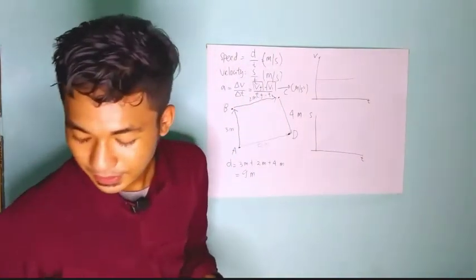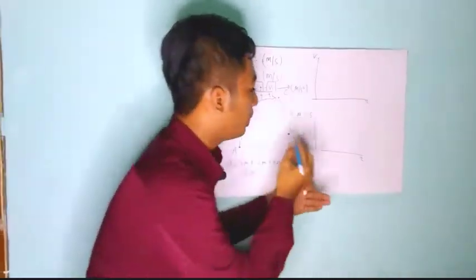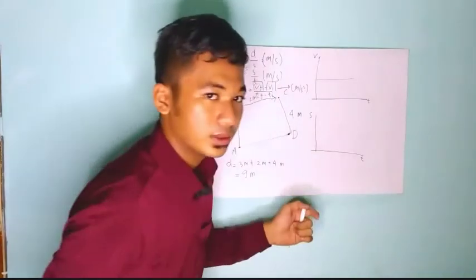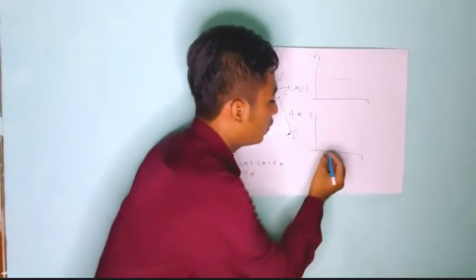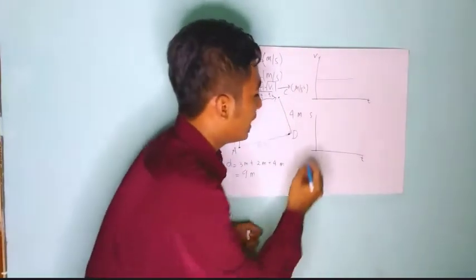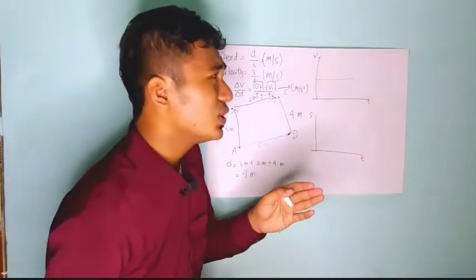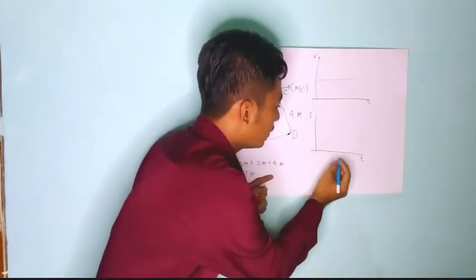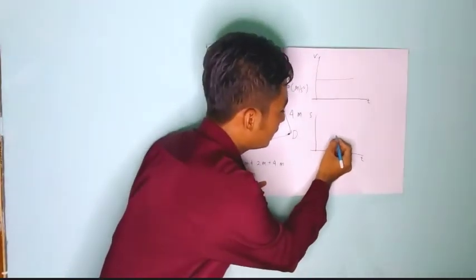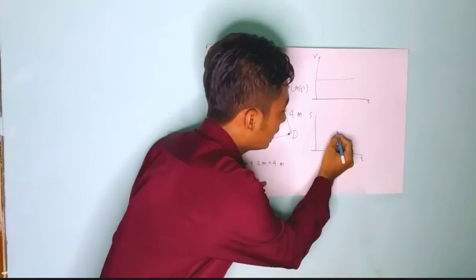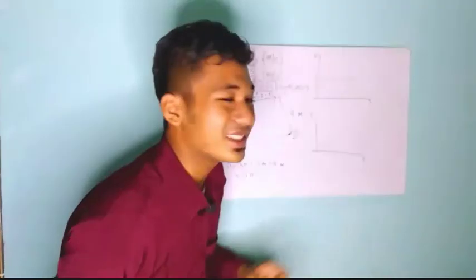Why? When you move 1 meter, you take 1 minute for 1 meter. And when you move 2 meters, you take 2 minutes. So the graph of displacement and time is like this.